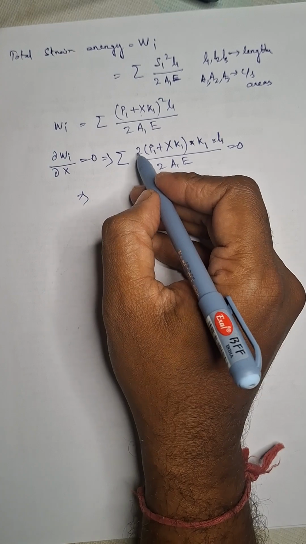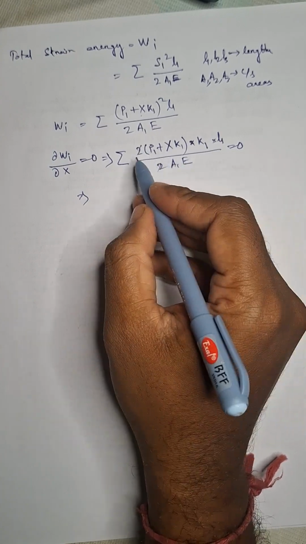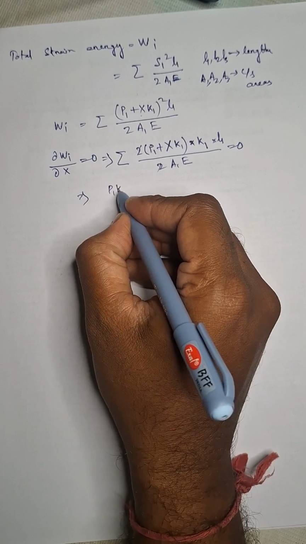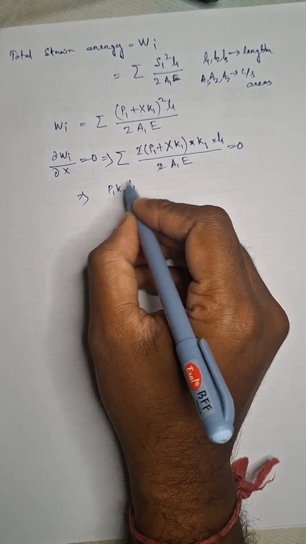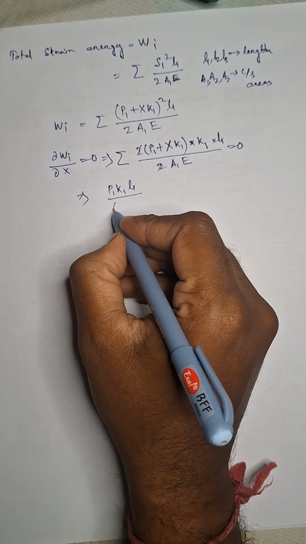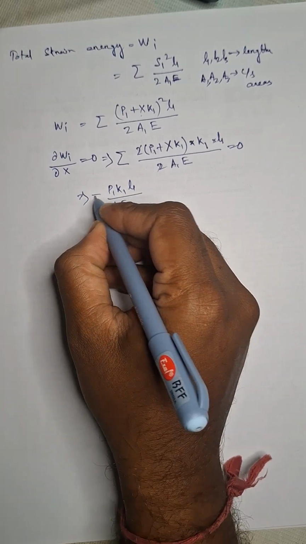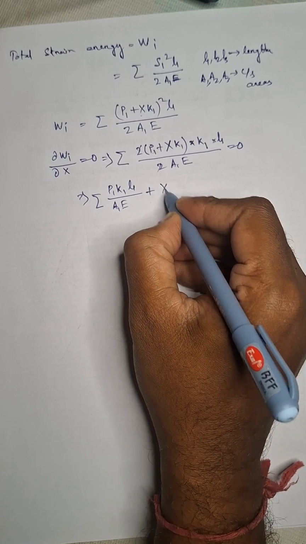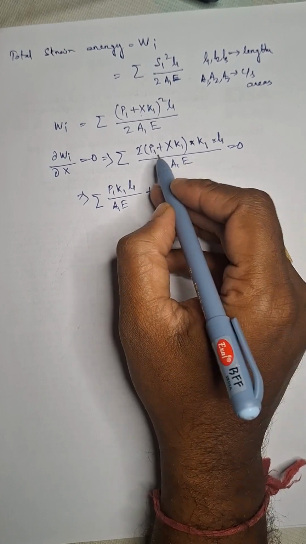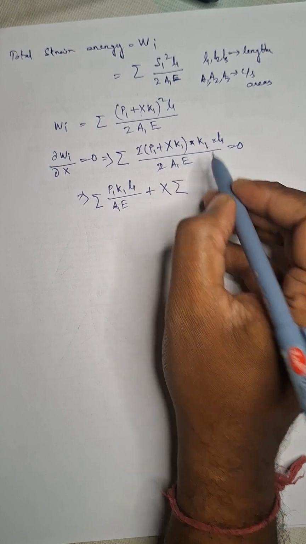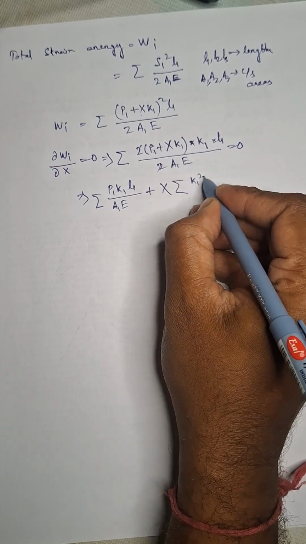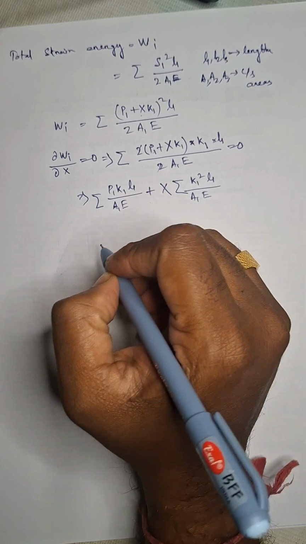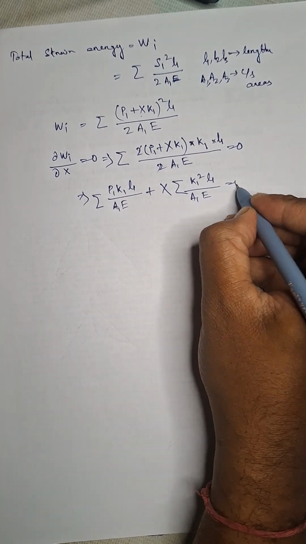So 2 got cancelled out. So this is coming as summation of P1 K1 L1 divided by A1 E, plus X, which is unknown to us, X summation of K1 square into L1 divided by A1 into E, is equal to 0.